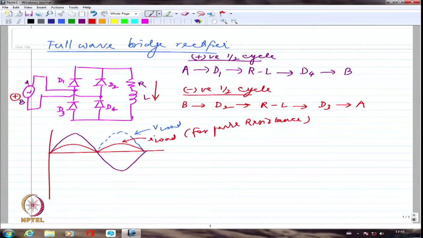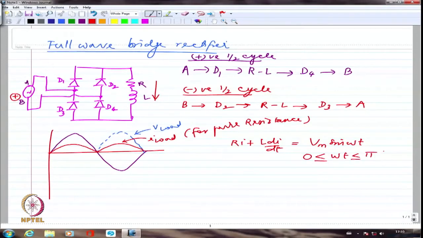The inductance would have accumulated energy, so it will give back some of its energy, and because of which the current will definitely be retained above zero value, because we are going to have always Ri plus L di by dt equal to whatever is my input voltage. If it is Vm sin omega t, then 0 less than or equal to omega t less than or equal to pi.